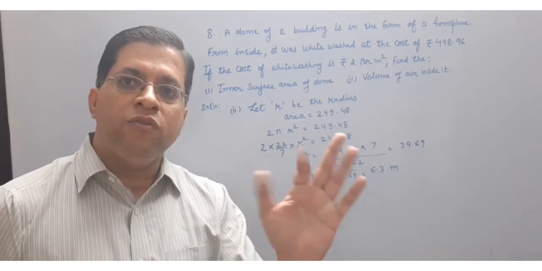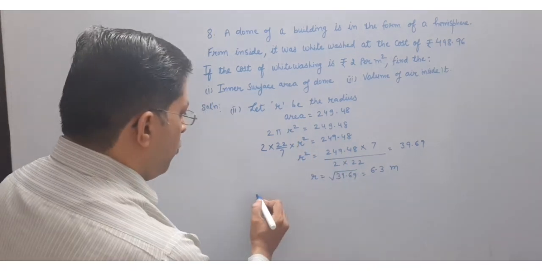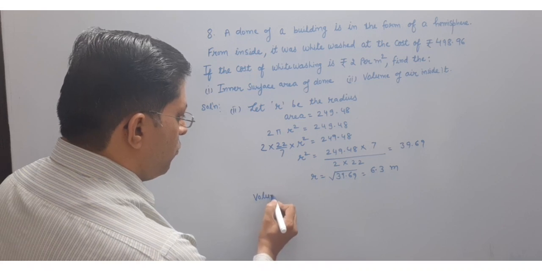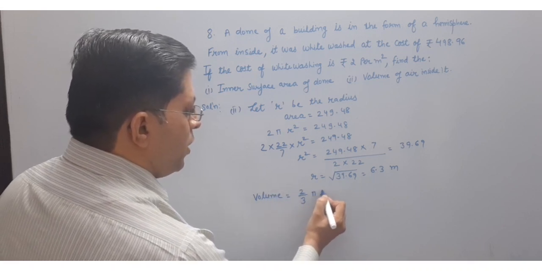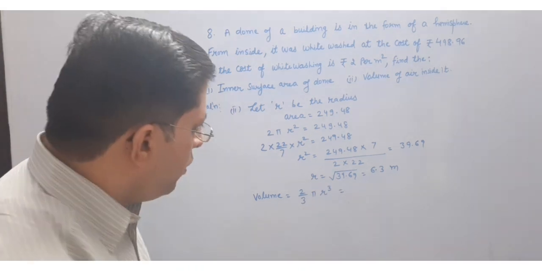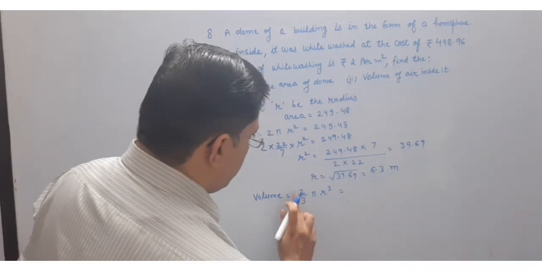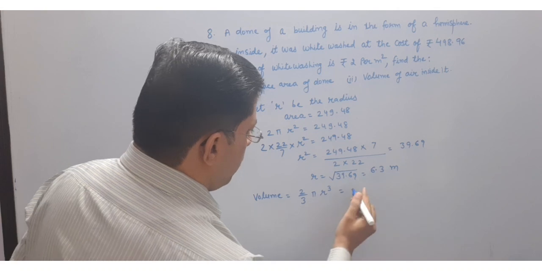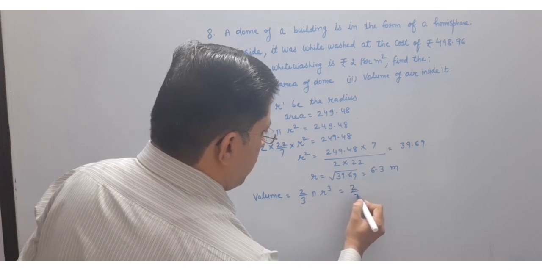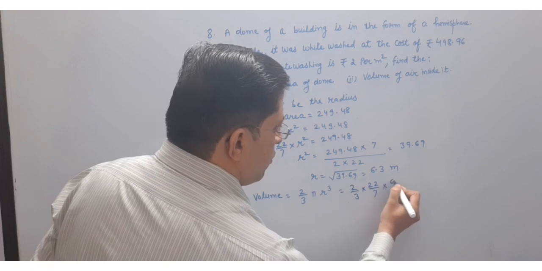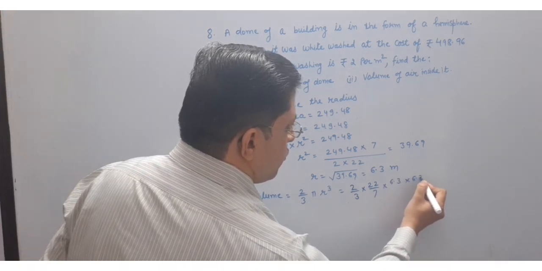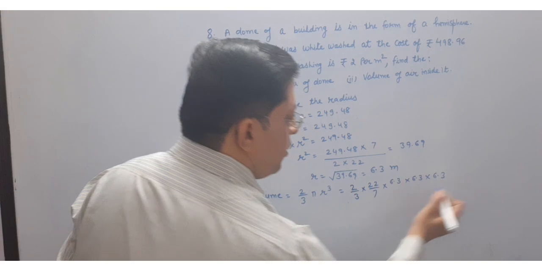Then you have to find its volume. What will be the volume of the dome? Volume will be 2 upon 3 pi r cube. Now see, I am going to put the values: 2 upon 3 pi r cube is 6.3 into 6.3 into 6.3.